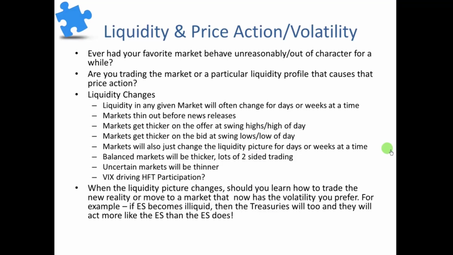When it gets above 20 to 25 on the VIX, the next day you will see 60% of the liquidity on the ES get pulled. So the liquidity picture is changing all the time, and some of it you can predict, like the news, highs and lows of the day, and VIX spiking, and some of it you can't.